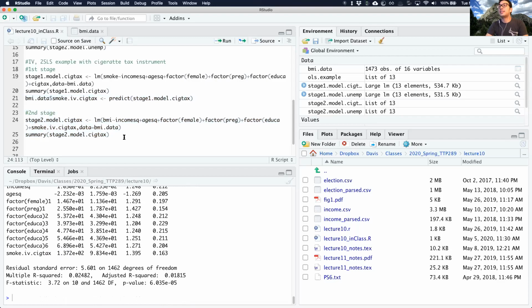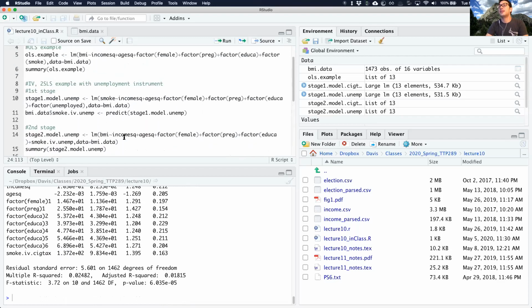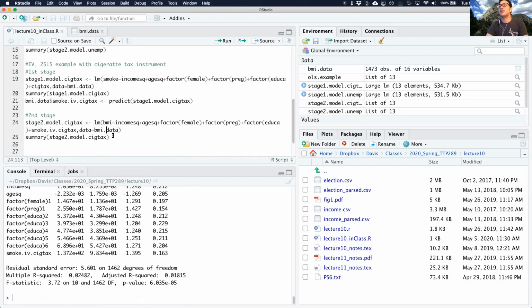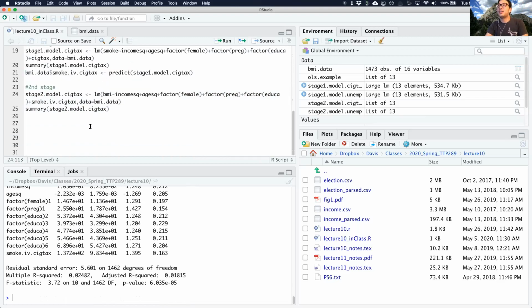So I think it's clearest for students to be able to see the model written out this way, because I think it's a lot easier to see what's going on with the first stage and second stage, how you're treating the instruments, and then how you're using the predictions in your second stage.